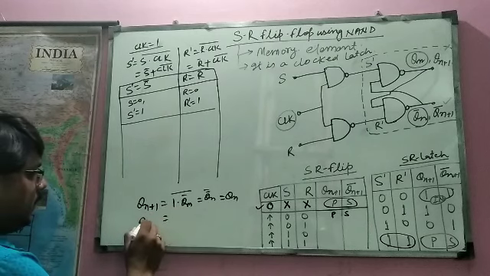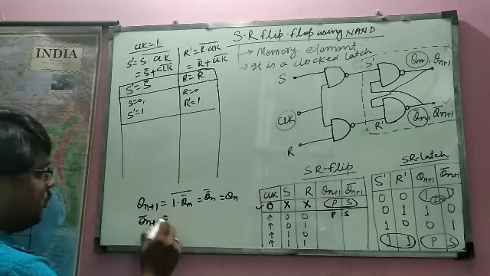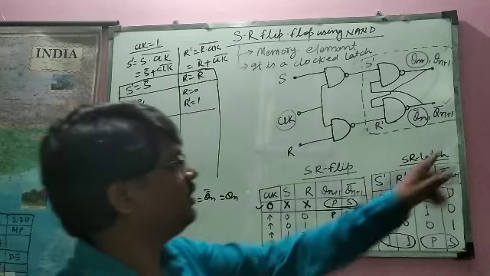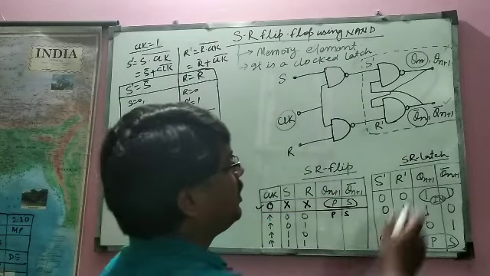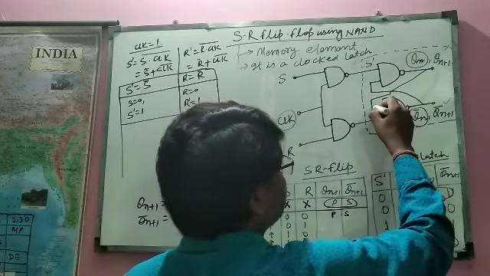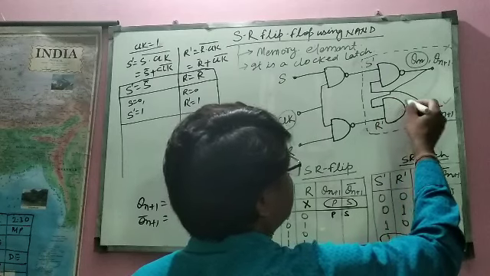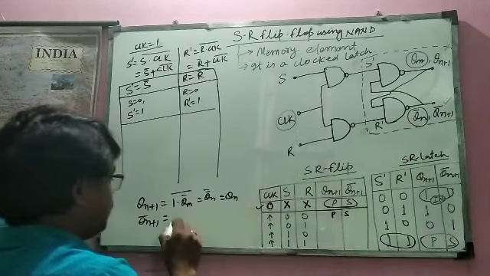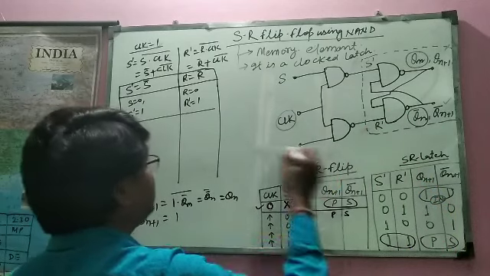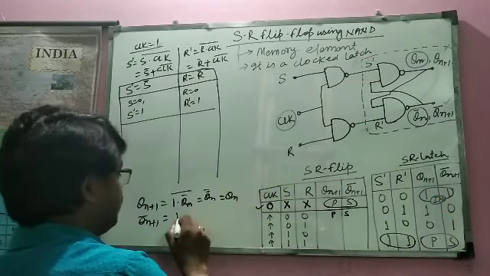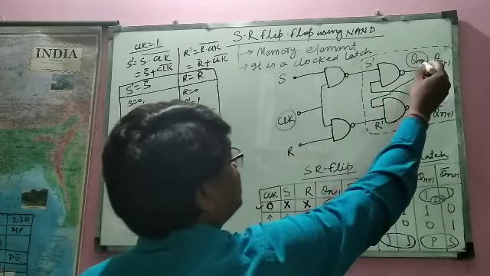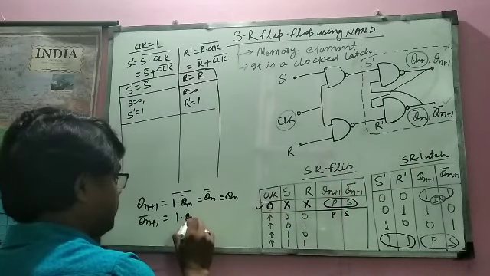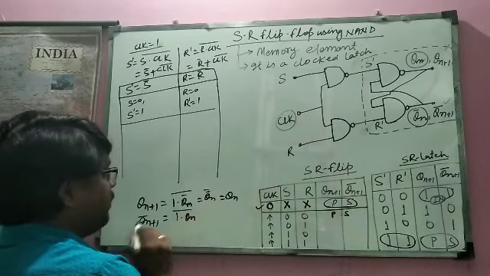So let us suppose Qn plus 1 bar. What will be this value? It will be the multiplication of this and this bar. Here R dash is 1, so here 1, and in this input it is Qn, the previous state, and bar.